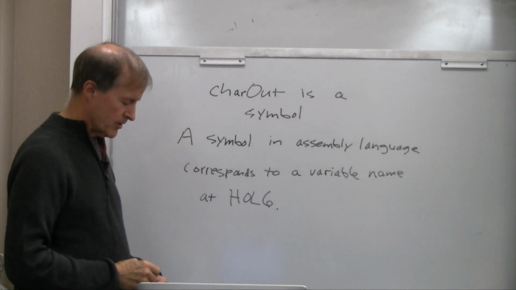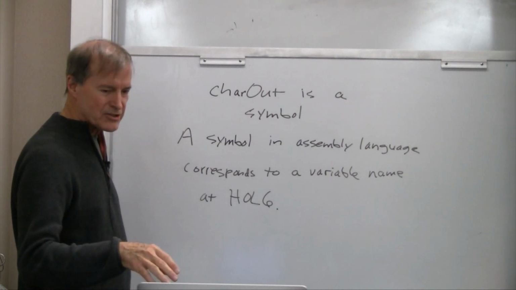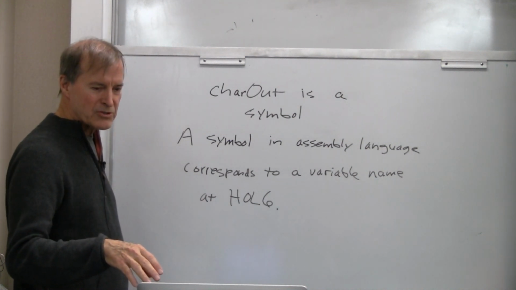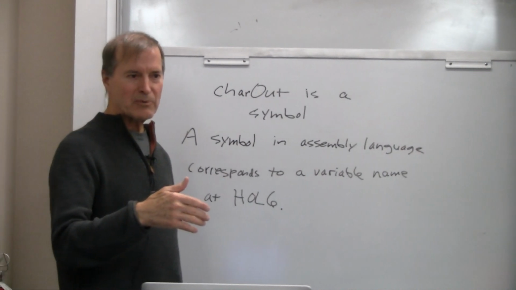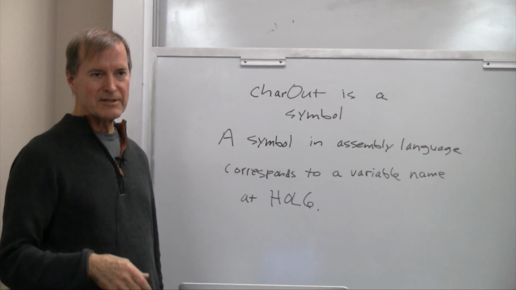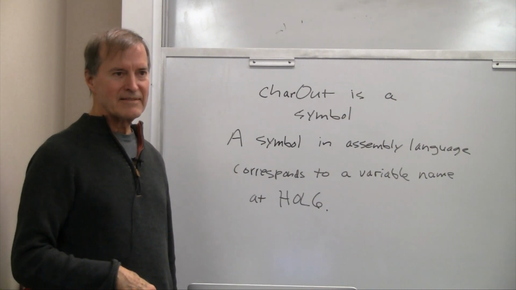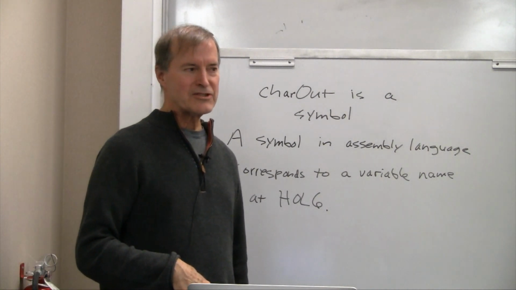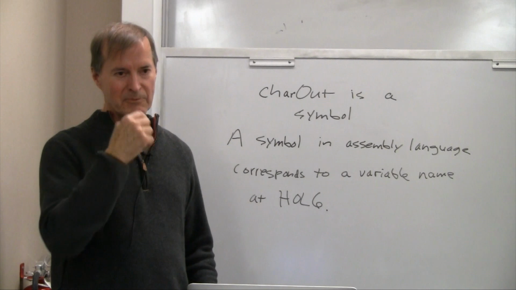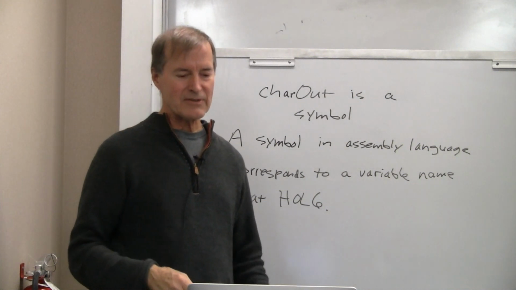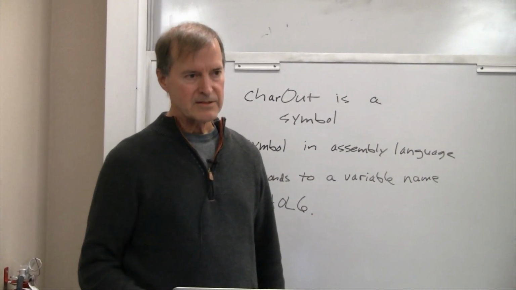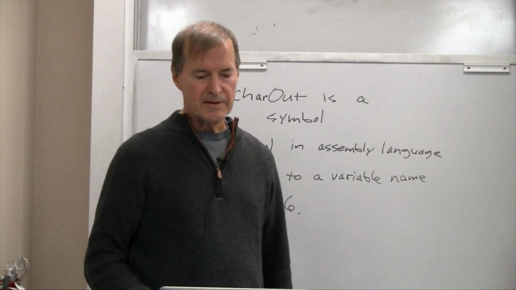So what we're going to do is the symbols in assembly language can only be at most 8 characters long. So we're going to deliberately give our variables short names at level HOL6 and C. In a real assembler, you can have really long identifier names and stuff like that. But anyway, is everybody clear? Okay.